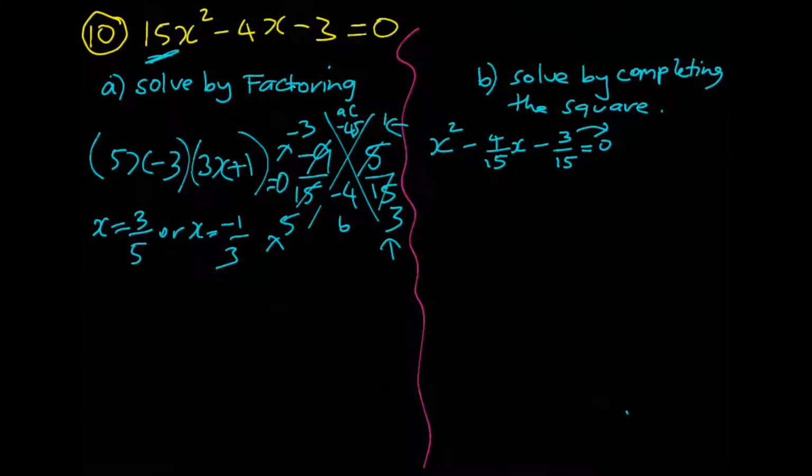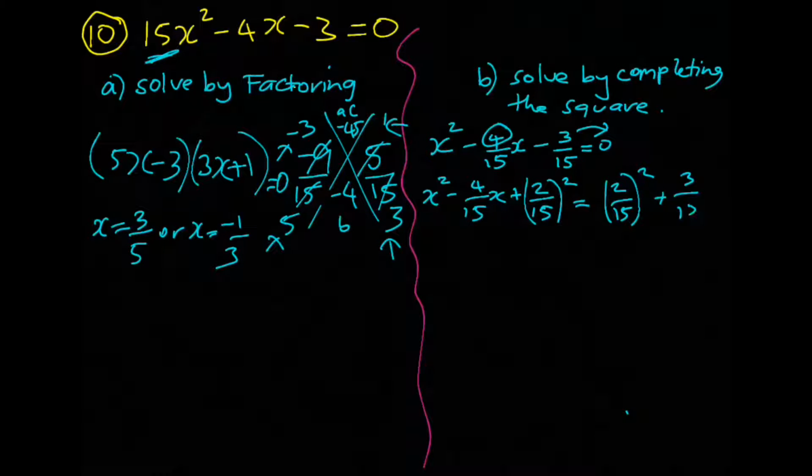So we've got x squared minus 4 on 15x plus 2 on 15, so I've divided the 4 by 2, and that's squared, equals 2 on 15, because we've got to cancel that out, plus 3 on 15.